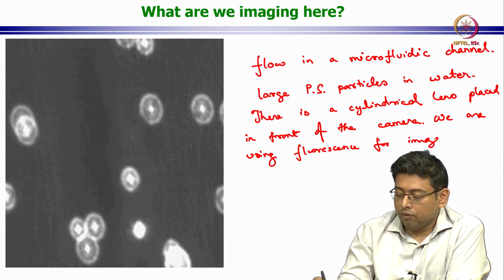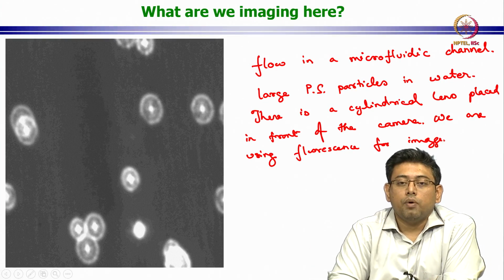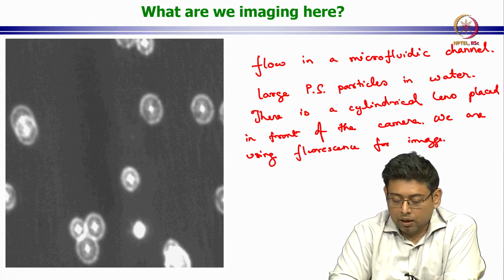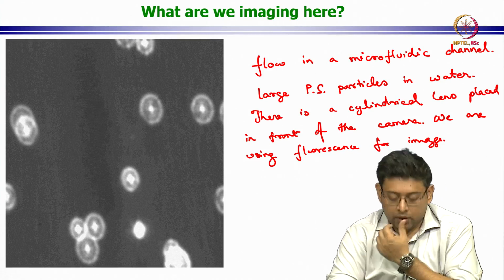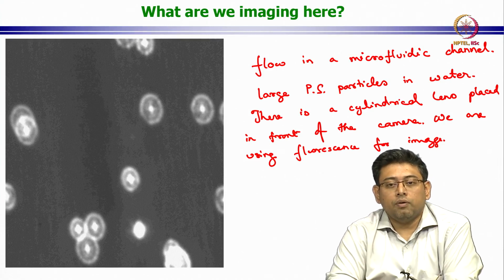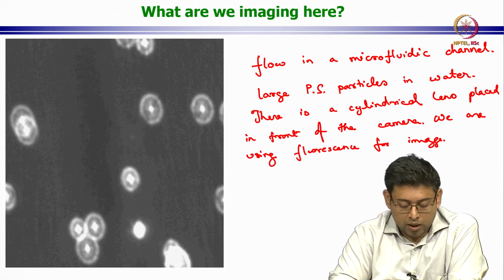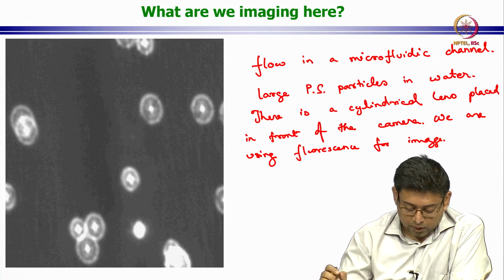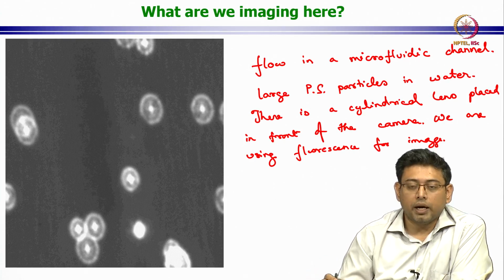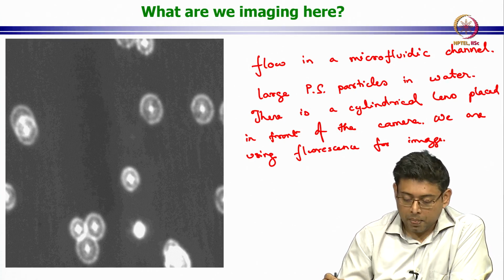So these particles are fluorescent, which means when a certain wavelength of light is illuminated on it, it absorbs that particular wavelength and emits another, different wavelength. So this is not your simple light scattering. It's a more complicated interaction of matter with light.